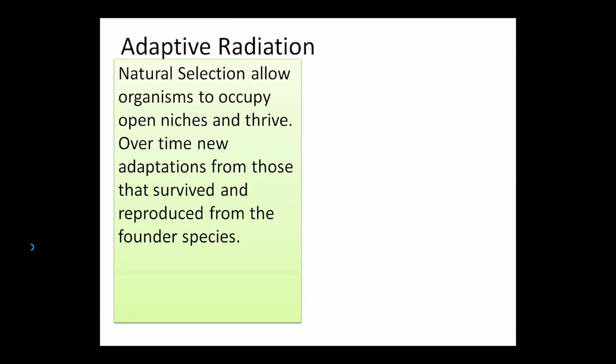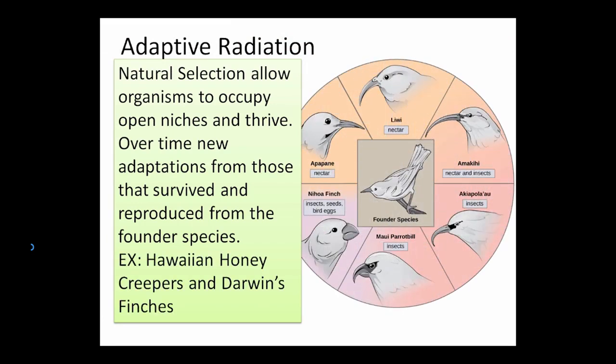Lastly, with natural selection, we can have adaptive radiation. This is where, if you have open niches, the organisms can occupy them and over time thrive, and their offspring will then accumulate certain adaptations from those that have survived and reproduced from that one founder species.